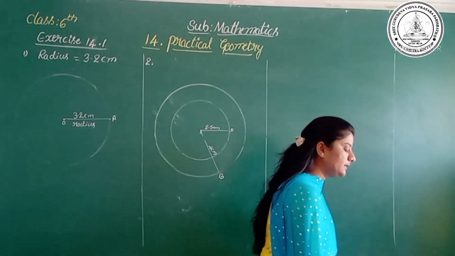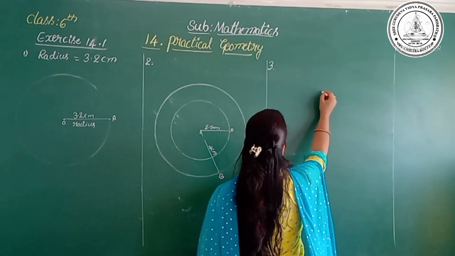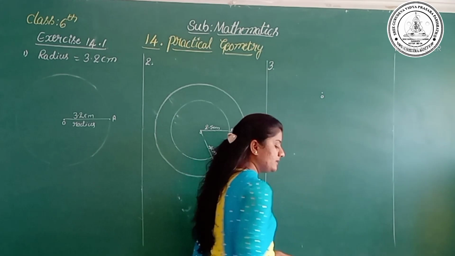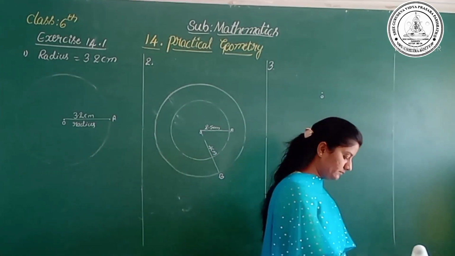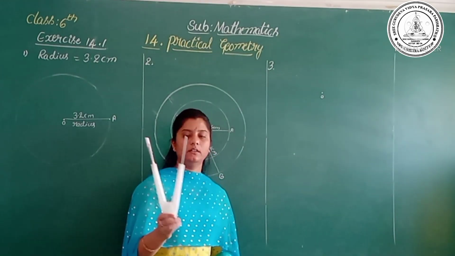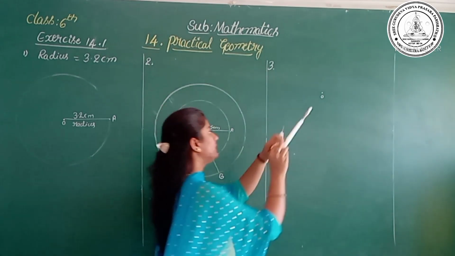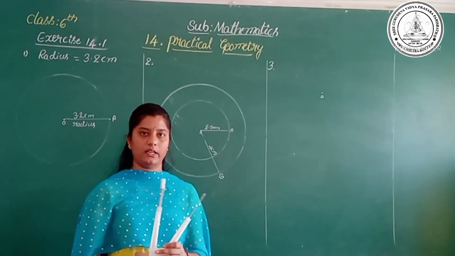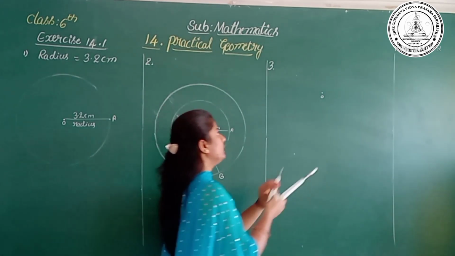So first I will mark the center. It is question number 3. So I will mark here the center of a circle, O. I will take a 3 centimeter radius. So it is the compass having the length 3 centimeter. Now I will draw the circle of 3 centimeter. Here they did not mention the radius, so we can take any radius. So now I have taken 3 centimeter.